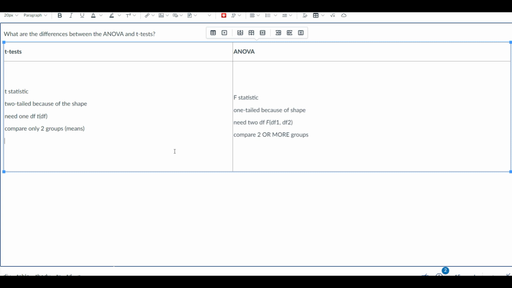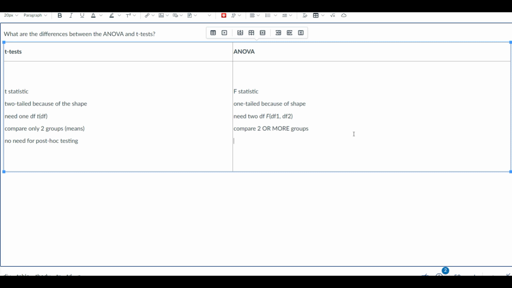Since it's our only option, we have no need for post-hoc testing. Whereas with ANOVA, because we have different possibilities of what the alternative hypothesis might look like if the null hypothesis is not true, we need post-hoc testing if, again, we have more than 2 groups and a significant result.